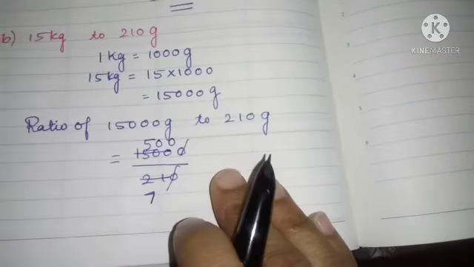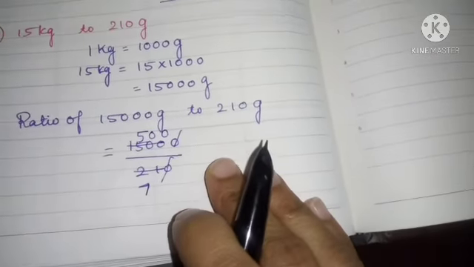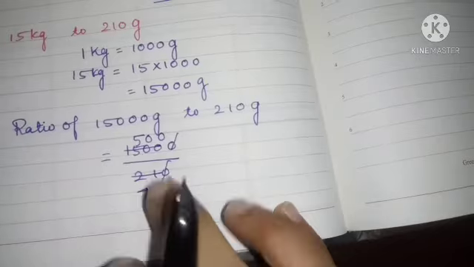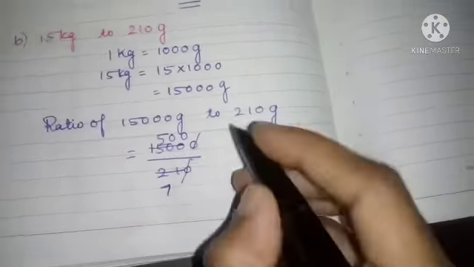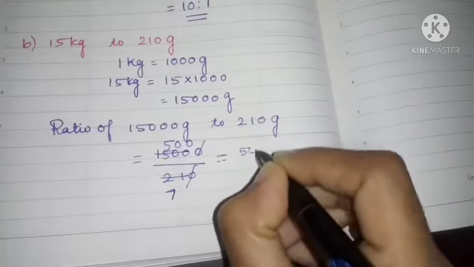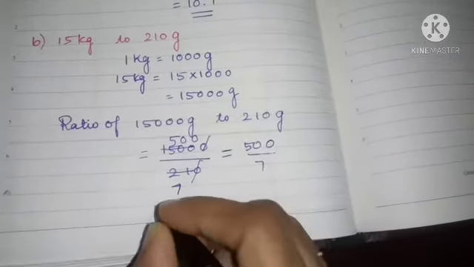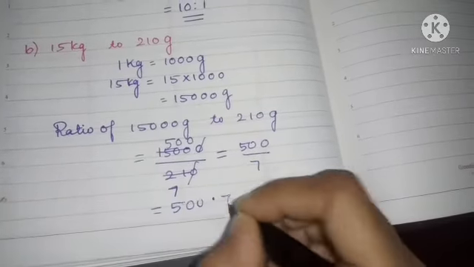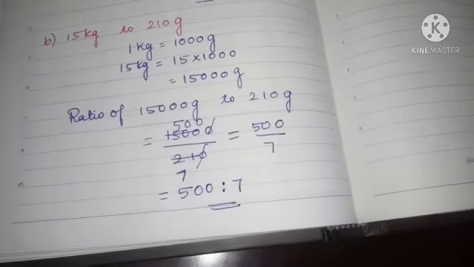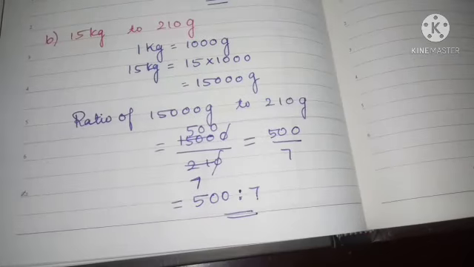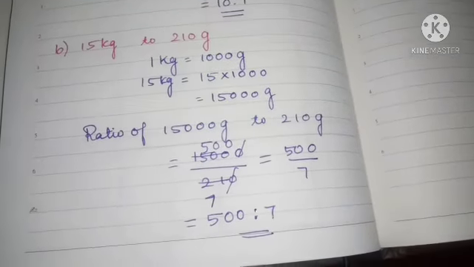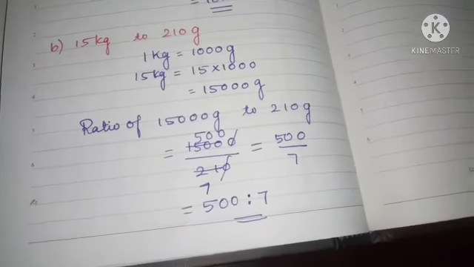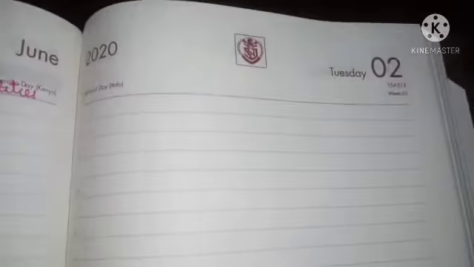Is there any possibility to cancel any more? No. So the answer is 500 divided by 7. The ratio is 500 is to 7. Remember, 1 kilogram is equal to 1000 grams. Don't forget that.